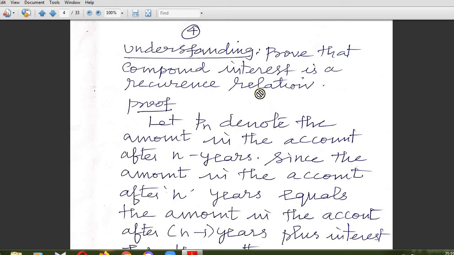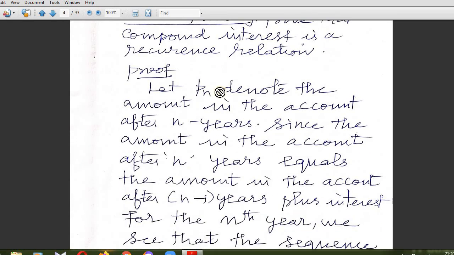Now we have to prove that compound interest is a recurrence relation. That's what we have to prove here.